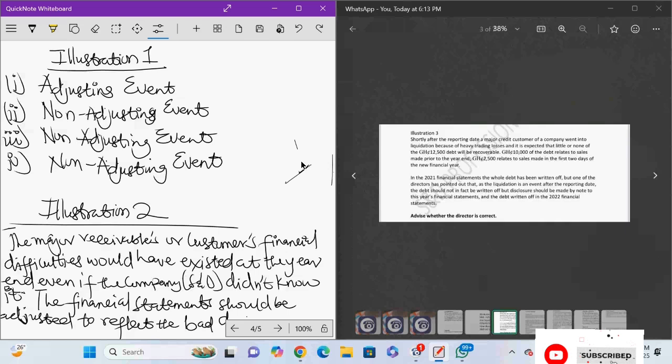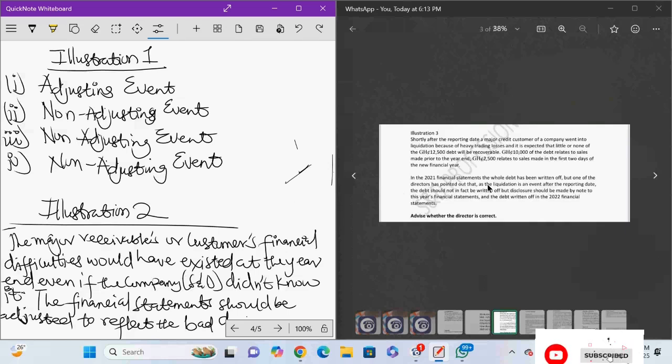So let's say the prior year is January to December, 2020. Then they said 2,500 of the 12,500 relates to the period after the reporting year.